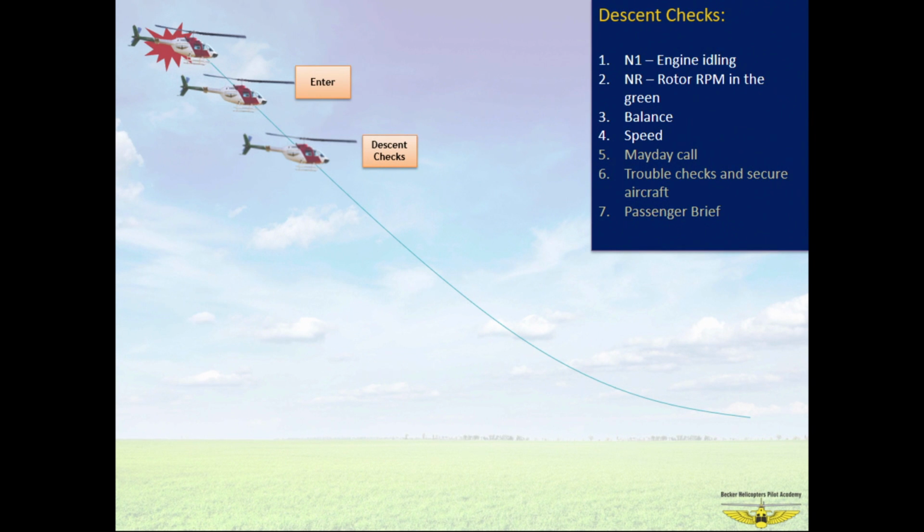Now, our training, based on the fixed wing world, means you've got a lot of time to do things, and they teach you all the things. Helicopter world, we sort of live around 1,500 feet, really, don't we? If you're above 1,500 feet, sure, I've got time to do more.